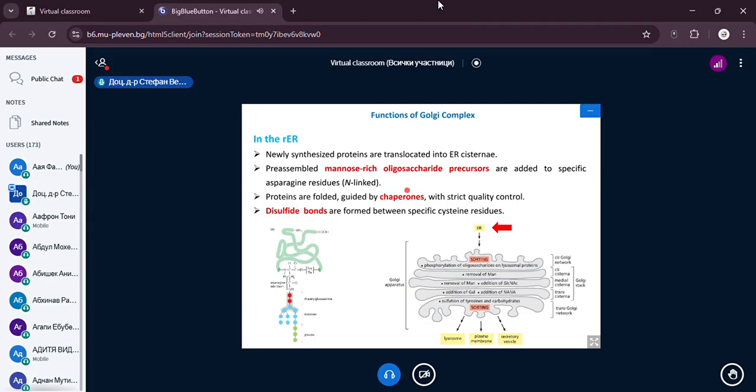So usually, where there is asparagine present in the polypeptide chain, this preformed oligosaccharide is being added there with a covalent bond. Then, in the endoplasmic reticulum, with the help of proteins like chaperones, these are guiding proteins, they recognize these glucose residues on the surface of the proteins and guide their folding and the assembly of the secondary and tertiary structures of the proteins.